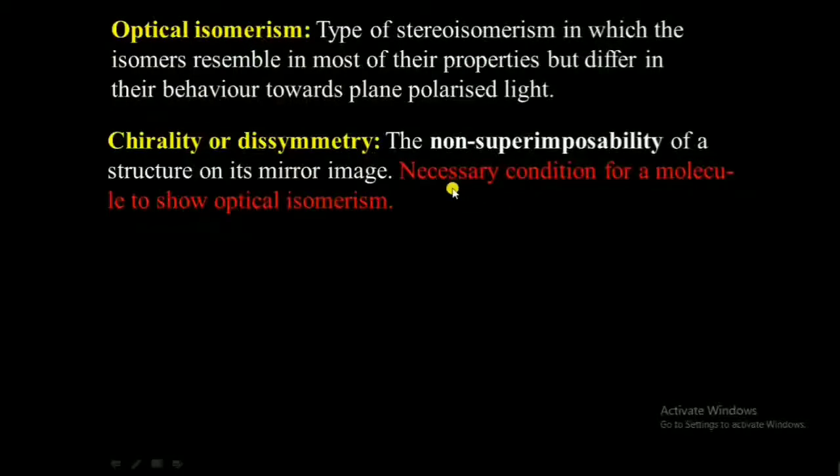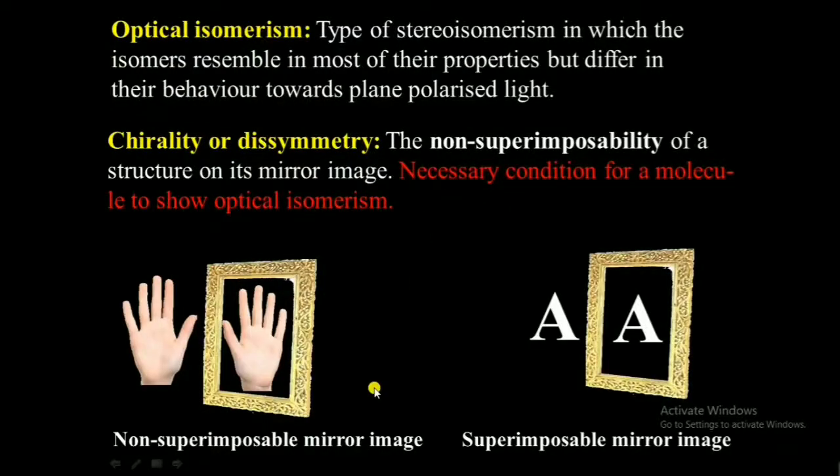Let's examine these pictures. Here I have shown the mirror image of your hand. For example, your right hand is the mirror image of your left hand, but they are non-superimposable mirror images.